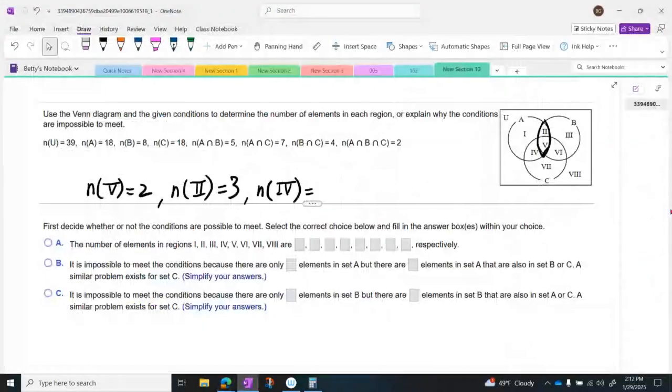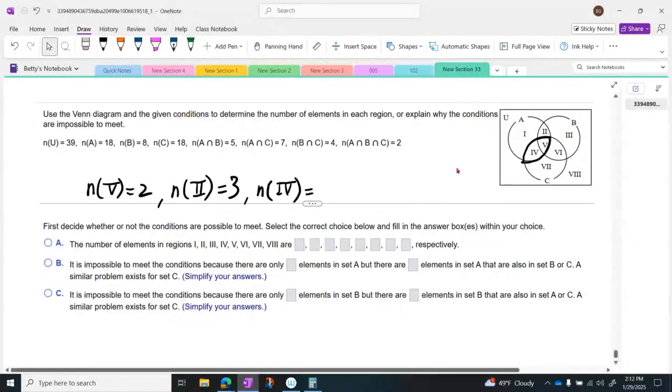So now we have some cardinal numbers found. Then look at A and C. A and C have 7 common elements.